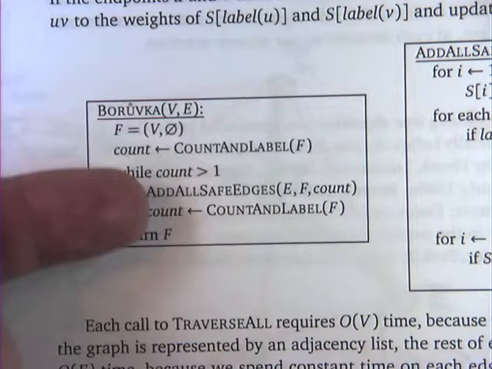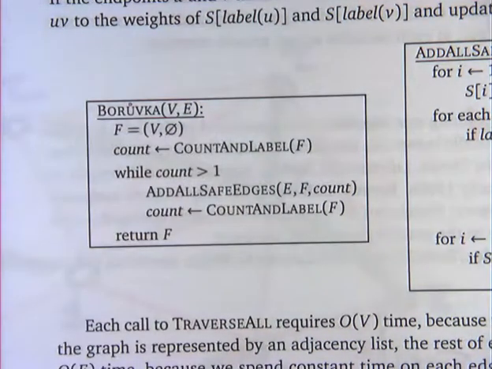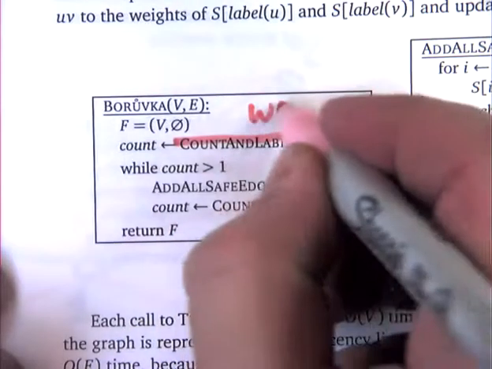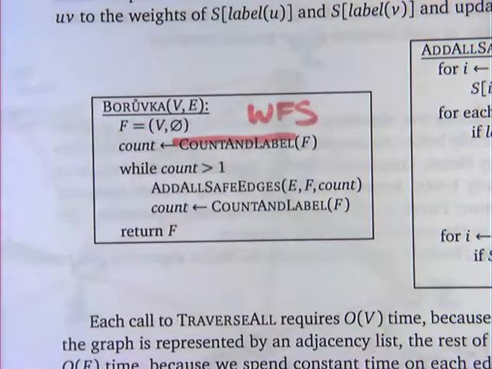Once the count is equal to 1, that means F is connected, and I'm done. So this line here is whatever-first search, which you already know how to implement, and which you already know runs in linear time, vertices plus edges.